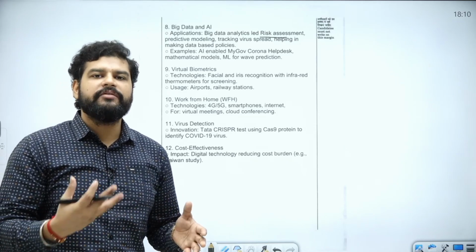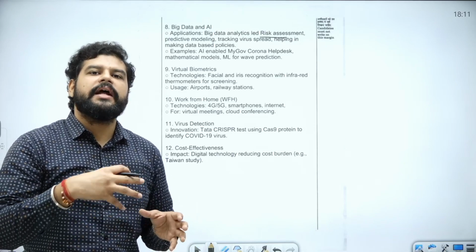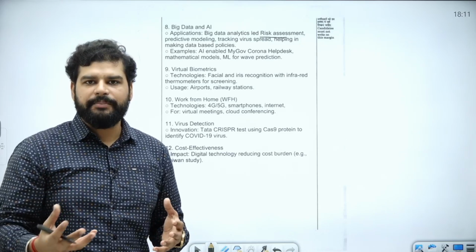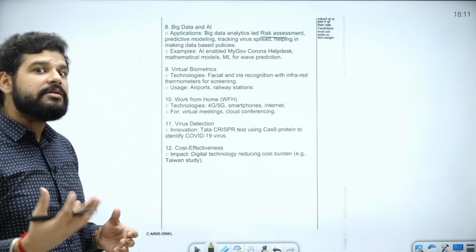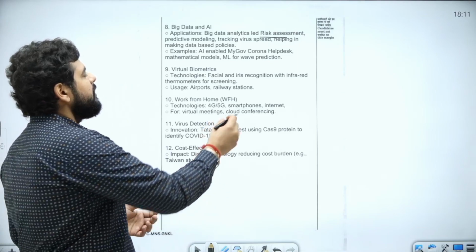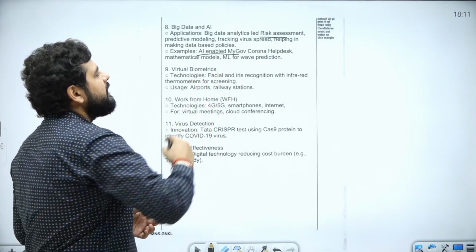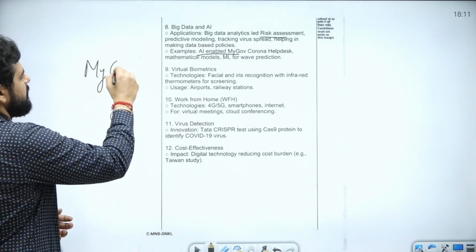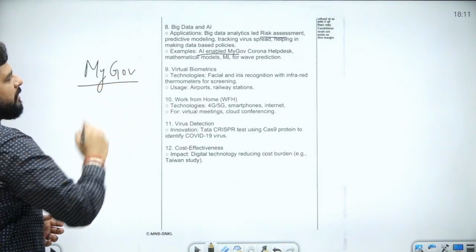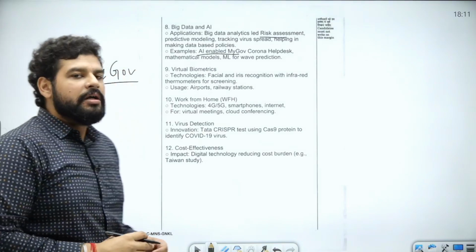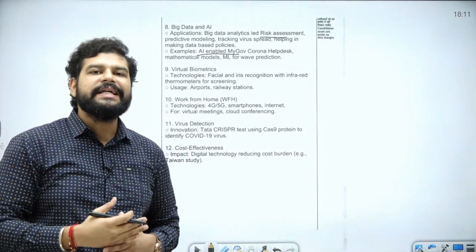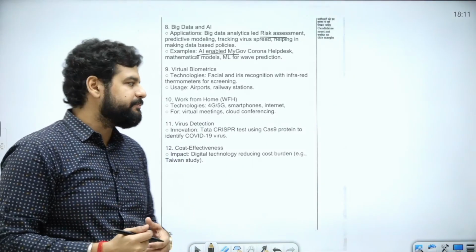They tried to identify where these groups might be present more, or where the chances of this happening are higher. In India also, the AI-enabled MyGov platform was there. A machine learning algorithm was used to predict the second and third wave.